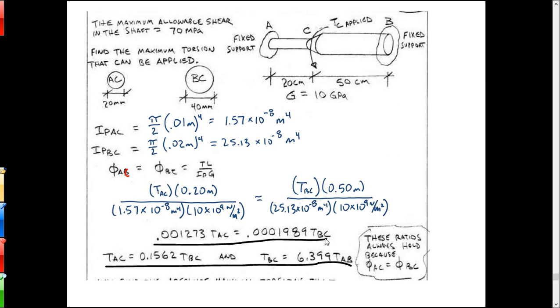And then if I divide both sides by 0.001273, I'll get that TAC is 0.1562 times TBC. And I could also divide through by 0.0001989, and if I do that, I'll get TBC as 6.399 TAB. So 0.1562 and 6.399 are reciprocals of each other.